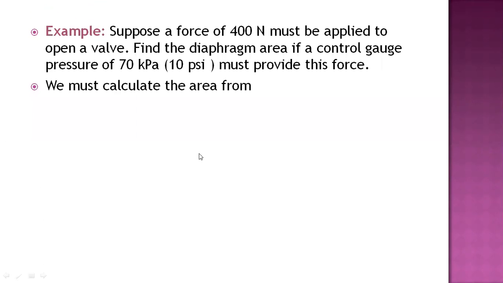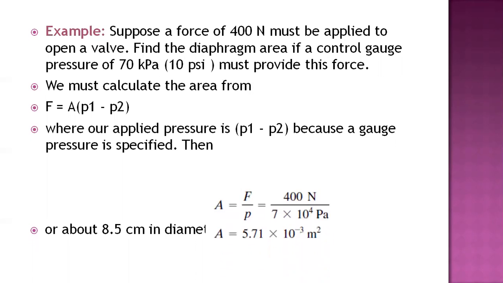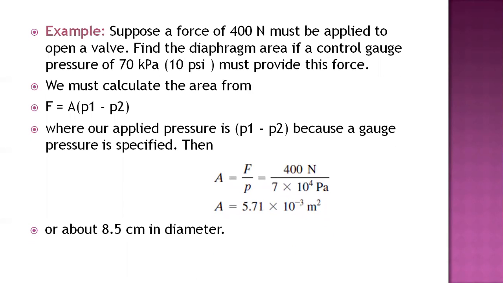Then we must calculate the area from F = A (P1 - P2). Here our applied pressure is P1 - P2, because a gauge pressure is specified, so you can find A = F divided by P, where F is 400 Newton, which is given, and P is 7 x 10^4 Pascal. You can easily find A in meter square, that is 5.71 x 10^-3. It is about 8.5 centimeter in diameter.